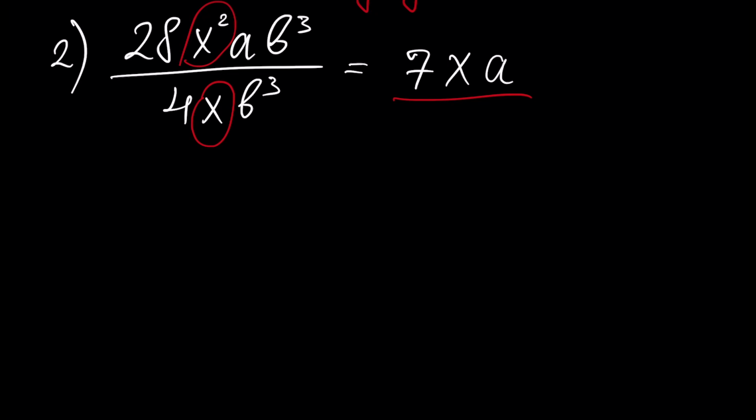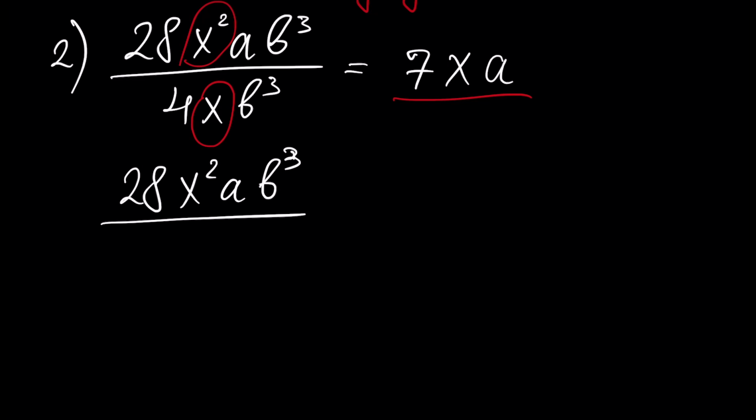Another example is the same example, but assume we have a little bit of a difference. Assume in the denominator of our quotient, of our fraction, we have not 4x b cubed, but 4x and b to the power 5.